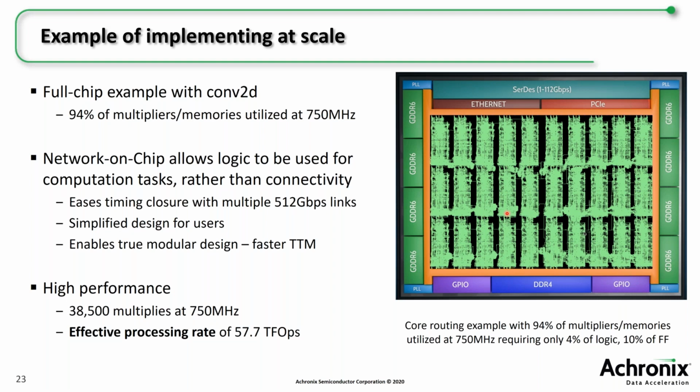And then let's just tie it all together. Remember I said 61.4 TOPS was the maximum number. In this real design we've got here, we are achieving 57.7 of those 61 TOPS. So really high performance is coming out of this as well. I think this is a great example of how we can deploy at scale with these large devices.